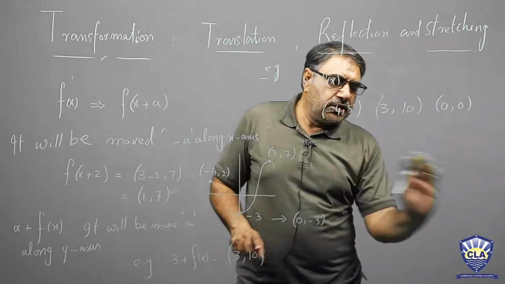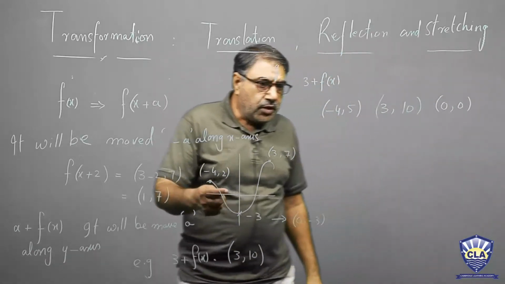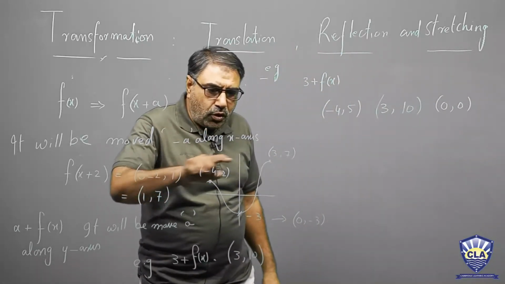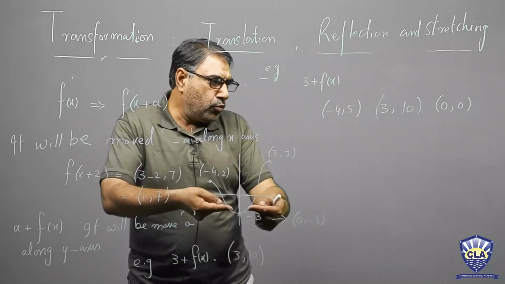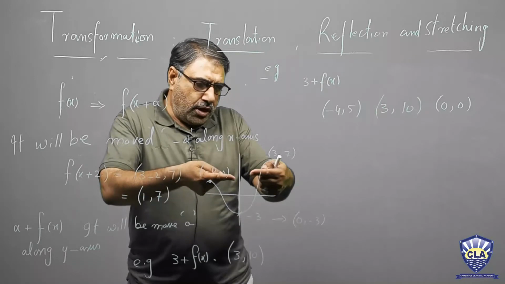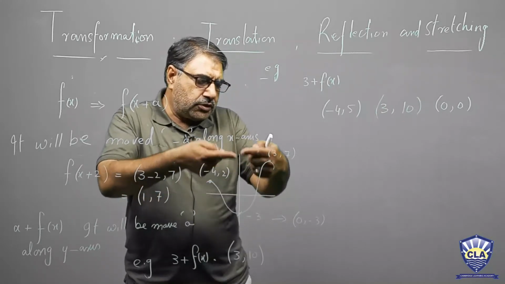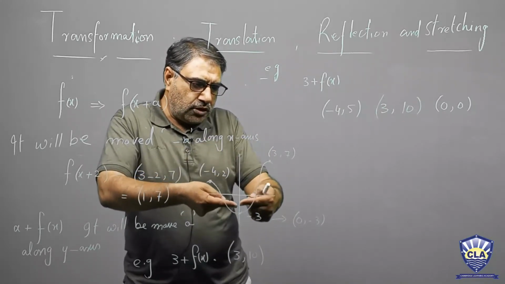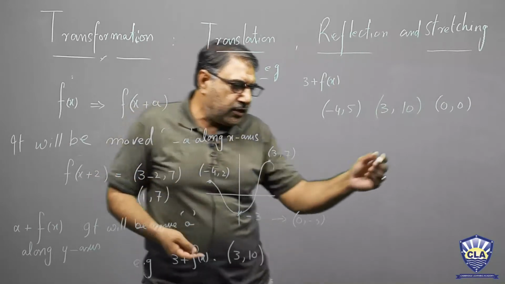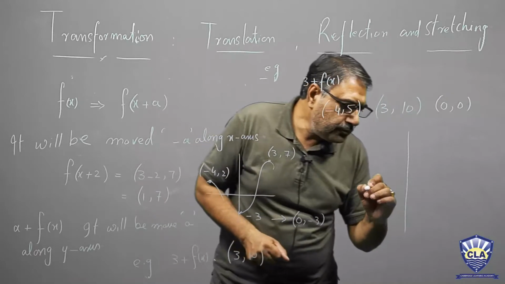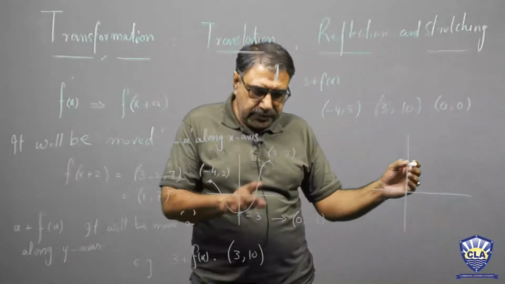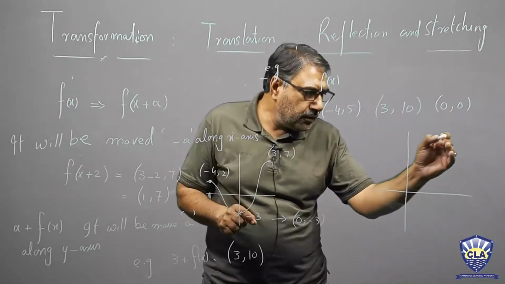If we said please sketch the curve again, so minus 4, y is 5, to move 3 in the upward direction along the y-axis. Move this curve along the y-axis in the upward direction. So then the curve will be the same. Like this.